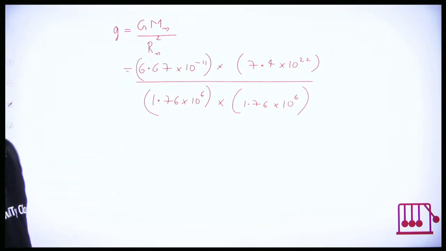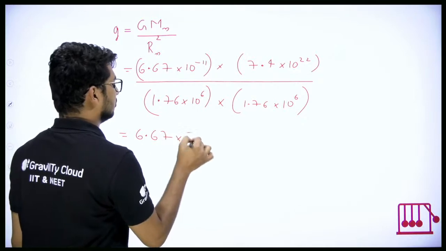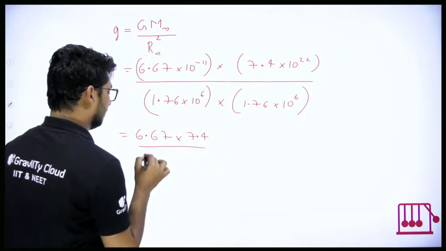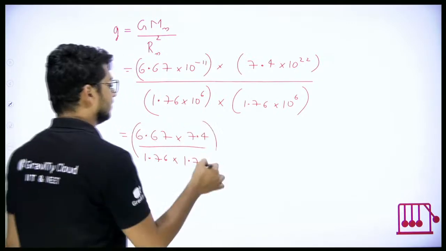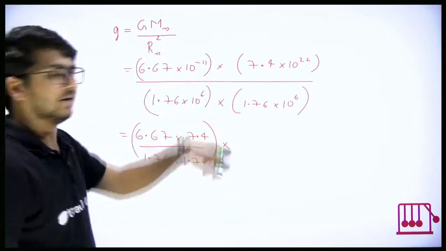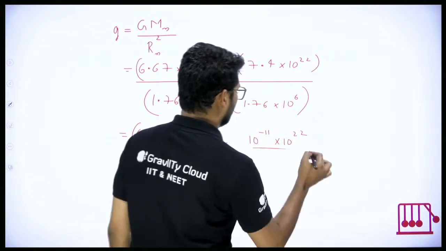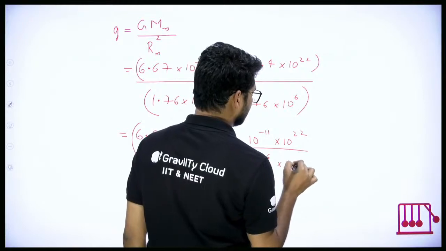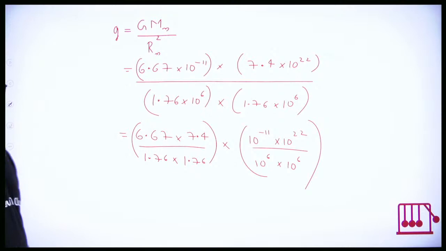Now all that is left is to do the calculation. You can split them: 6.67 into 7.4 divided by 1.76 into 1.76, and 10 power minus 11 into 10 power 22 upon 10 power 6 into 10 power 6. You can do the calculation.